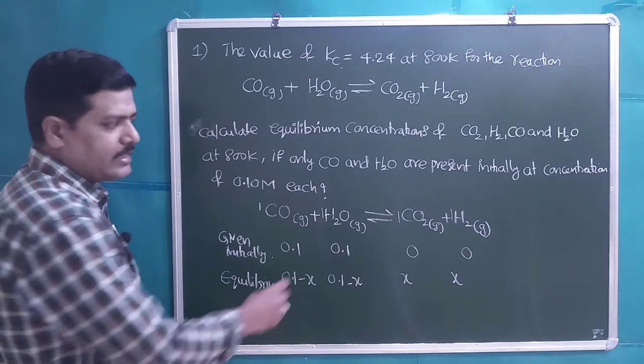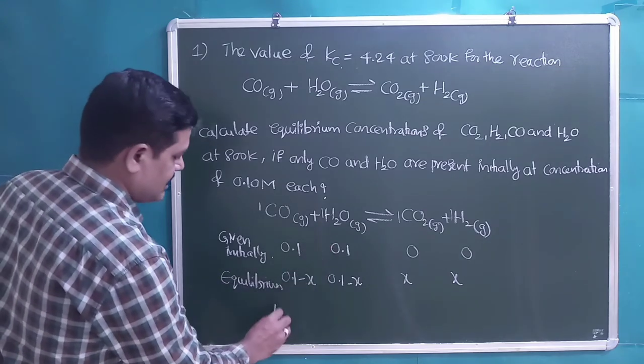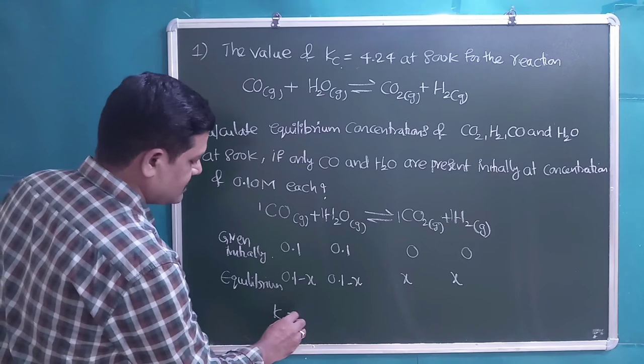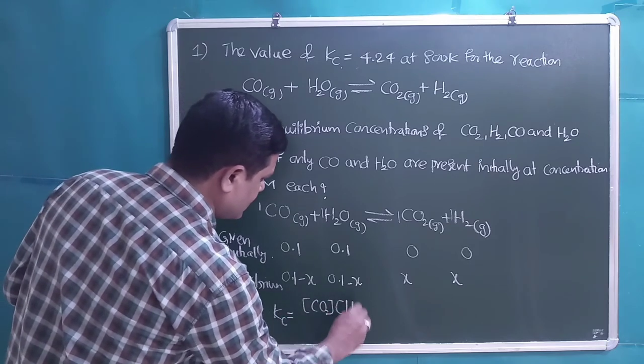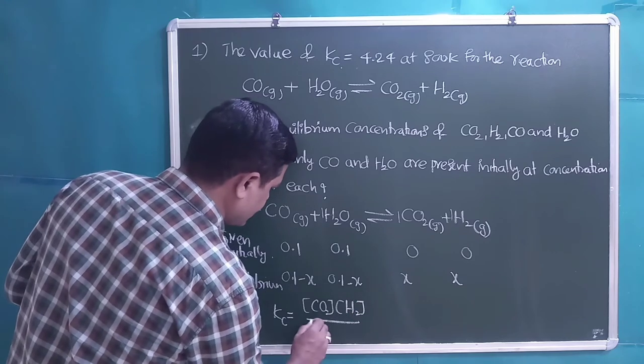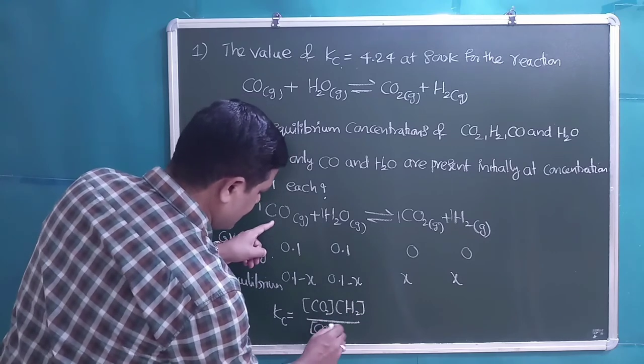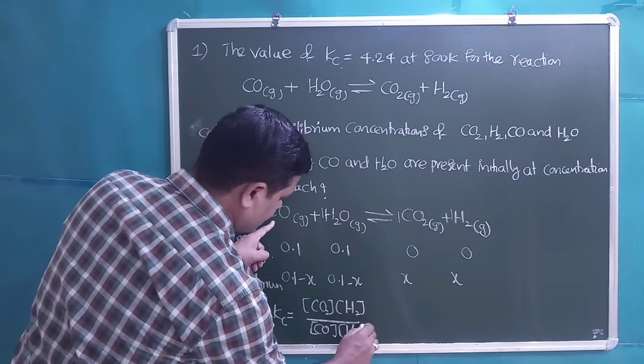Then write the expression for the equilibrium constant Kc. Kc is equal to the active mass of CO2 multiplied by the active mass of H2 divided by the active mass of CO multiplied by the active mass of H2O.